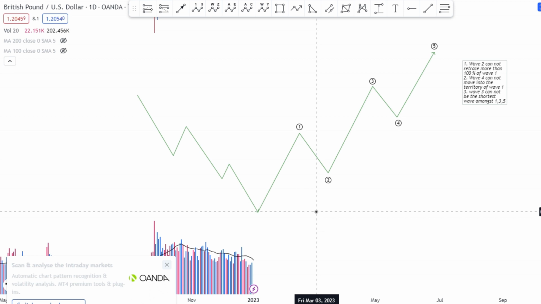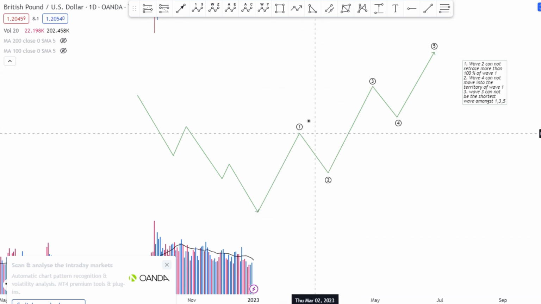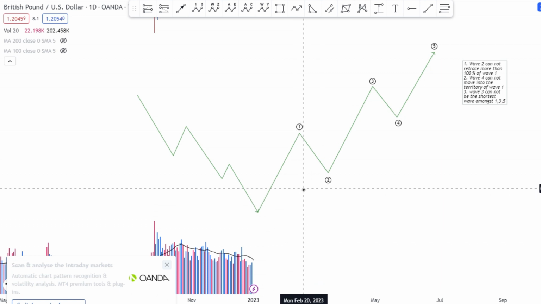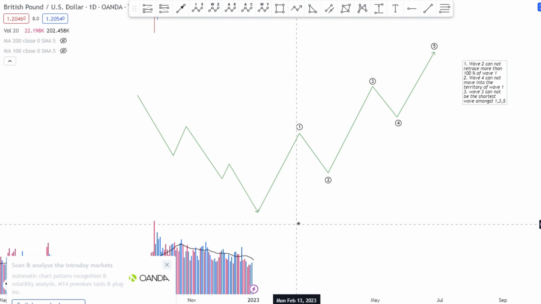Then we have wave 2. Wave 2 will retrace a portion of wave 1. When we are talking of retracing a portion of wave 1, it can be a retracement up to around 78, even 90, but not more than 100%.